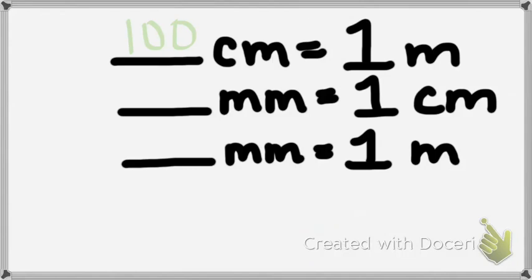Yes? Okay. How many millimeters in 1 centimeter? 10. Who told me that? Tim. Good job. So then it's simply doing math now. How many millimeters are in a meter? Let's do it again. 1,000. Excellent job. Sorry, I have old ears.